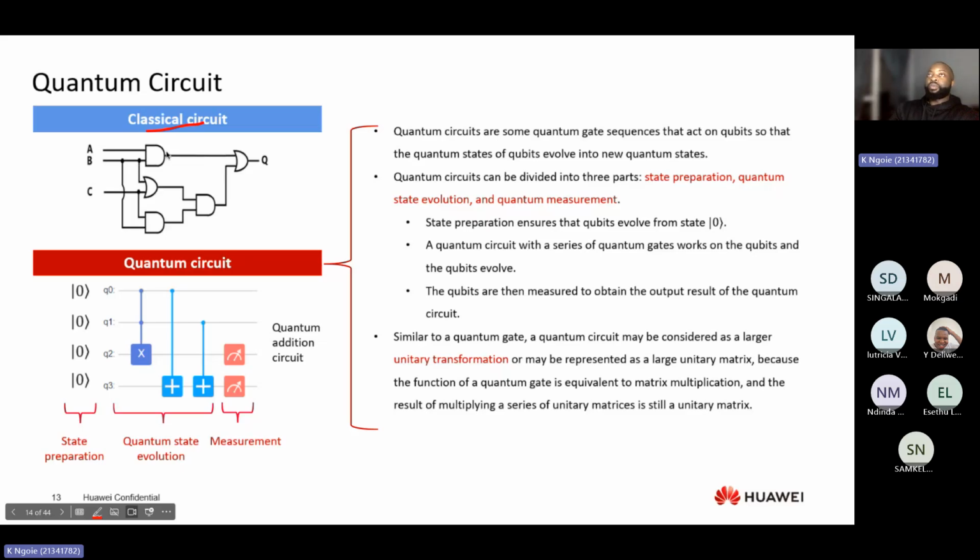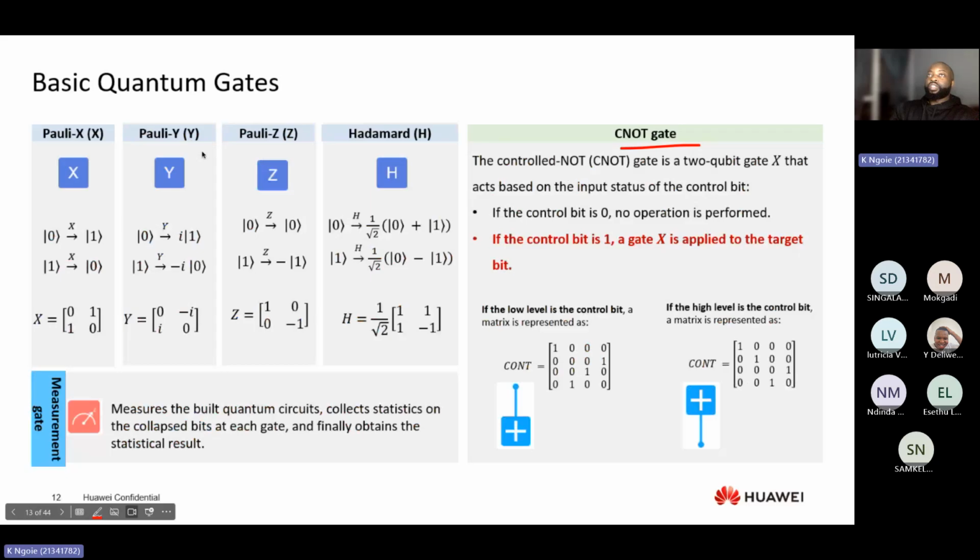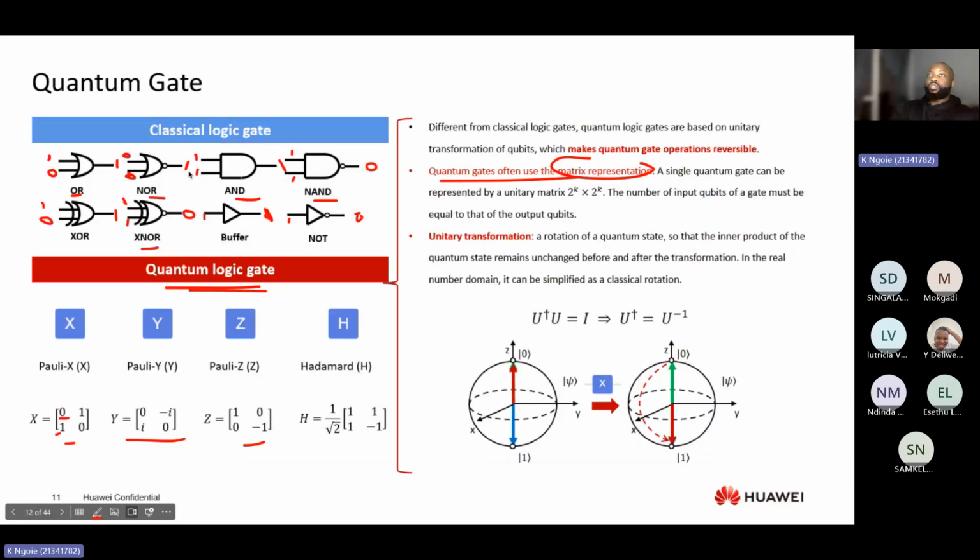For example, this sign here is the sign of an OR. When you have a NOR, you're going to have that small circle there. When you have an AND, it looks like a D. An XOR, you will have this. An XNOR, you will have that. And then we have a buffer and that.